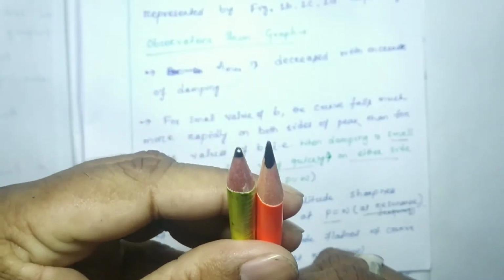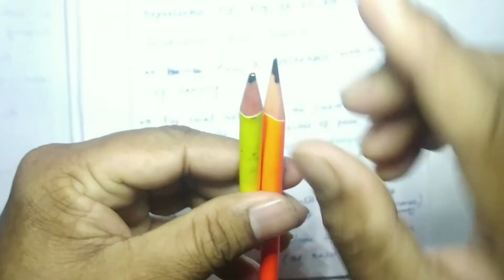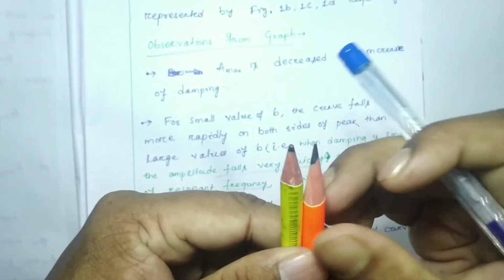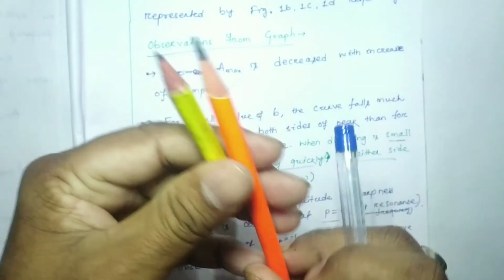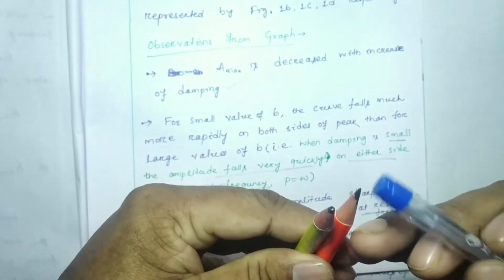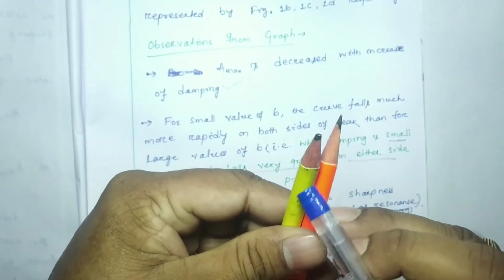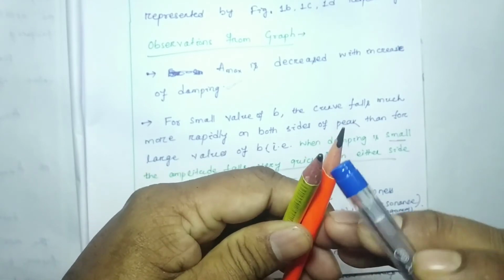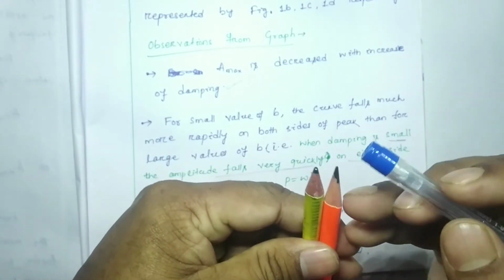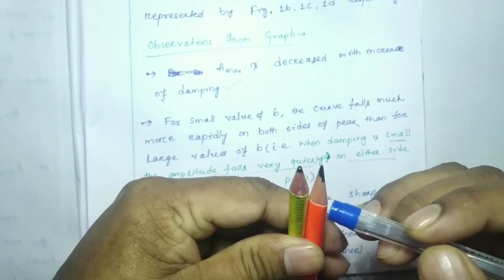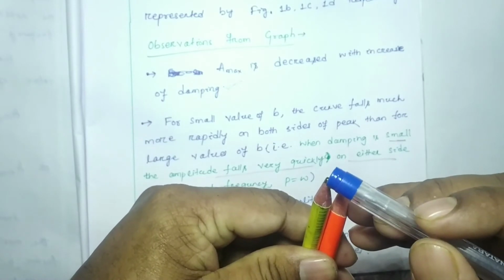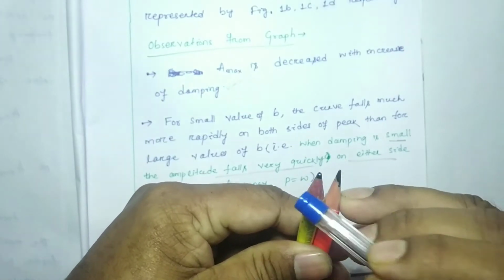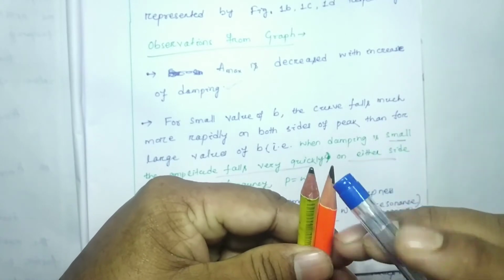Here I can show you two pencils and their pointers. See, which one is the sharpened pointer? This one. The orange color pencil has a sharpened pointer as compared with the yellow color pencil, because if we consider this one as the center for this pencil and this one as the center of that pencil, from this center the decrease is slower.